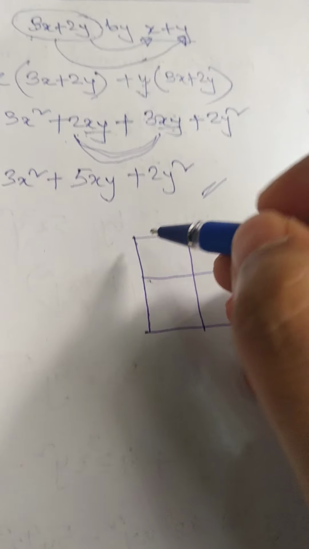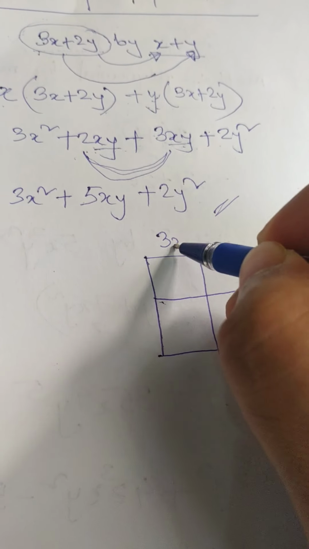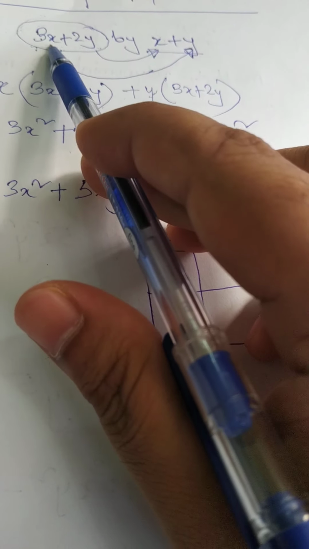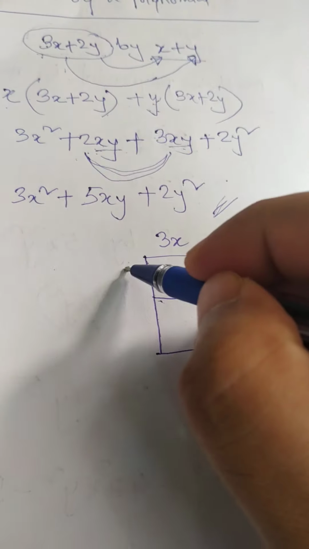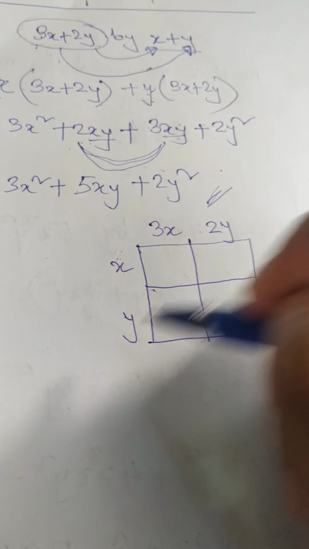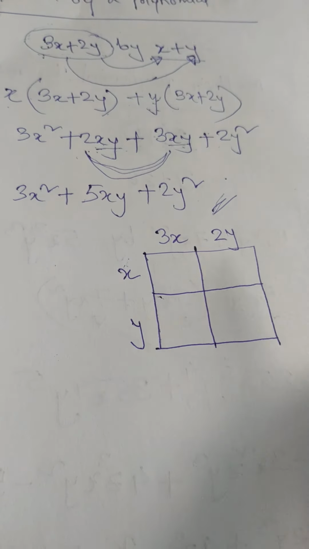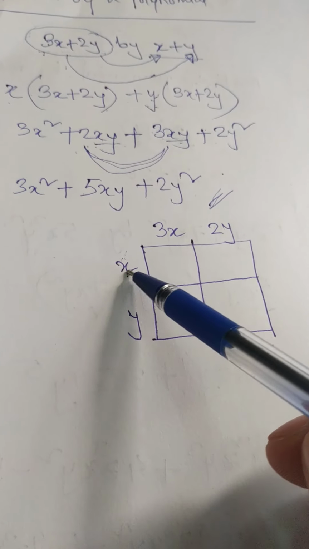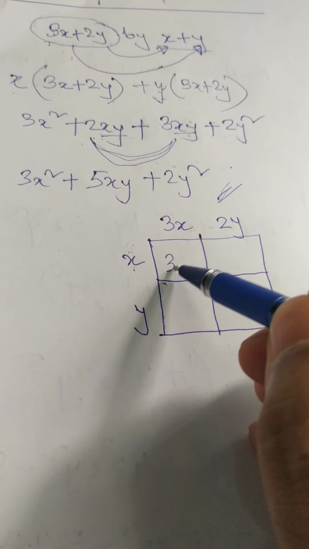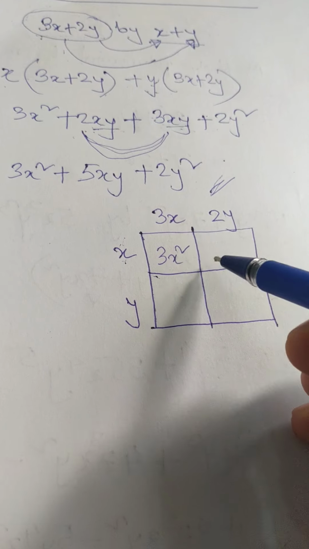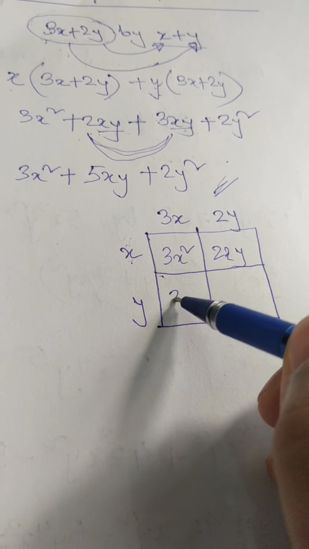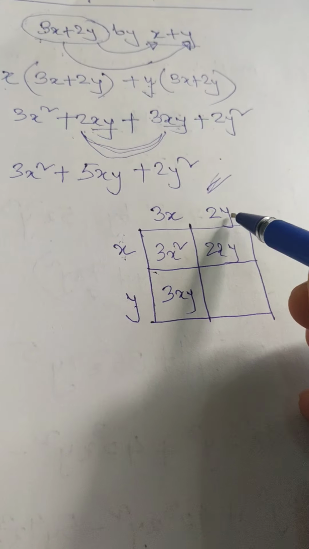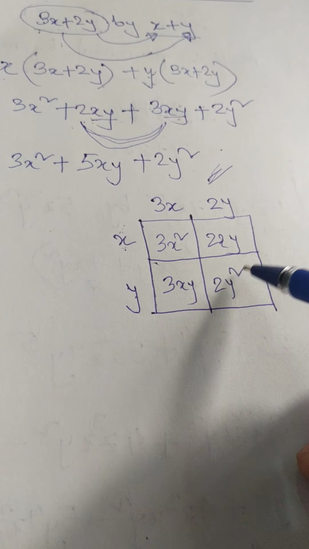Next we put 3x over here and 2y over here, x over here, y over here. Now x into 3x is what? 3x square, x into 2y, 2xy, y into 3x, 3xy, y into 2y, 2y square.